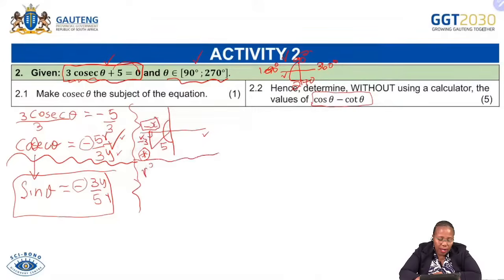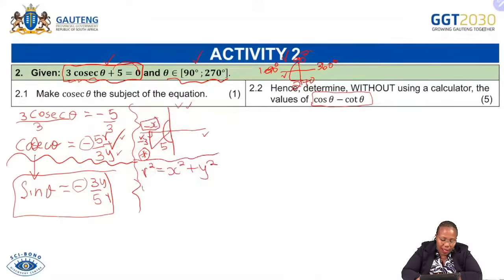So we are going r squared is equal to x squared plus y squared. Okay? No diagram, no Pythagoras for this type of questions. You must start by diagram first, because you need to know whether your x is positive or negative. It's only your diagram that can give you that.